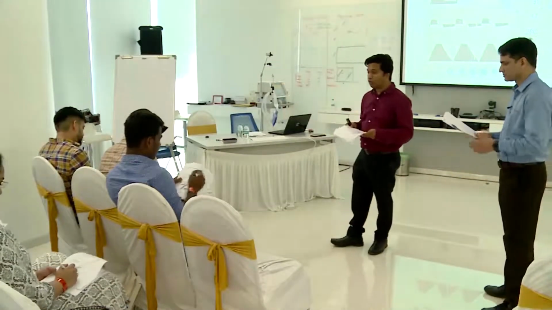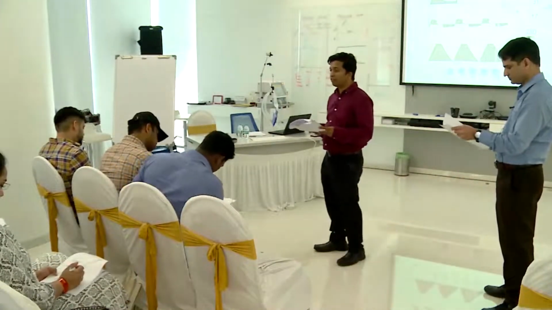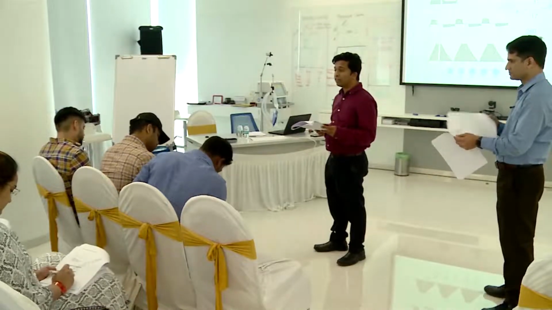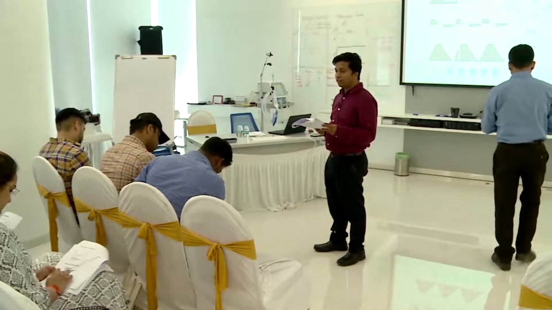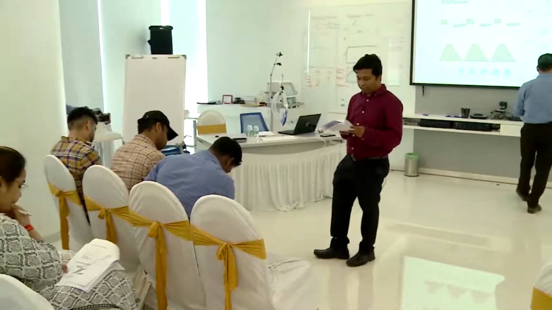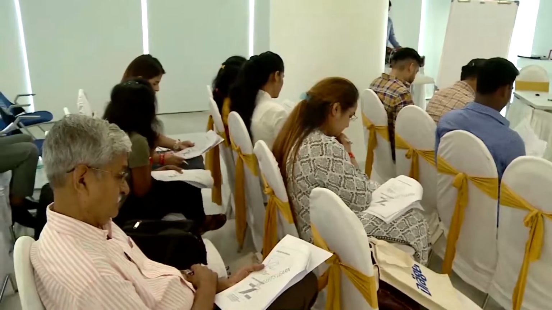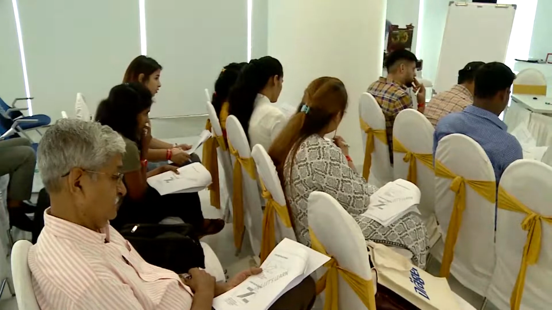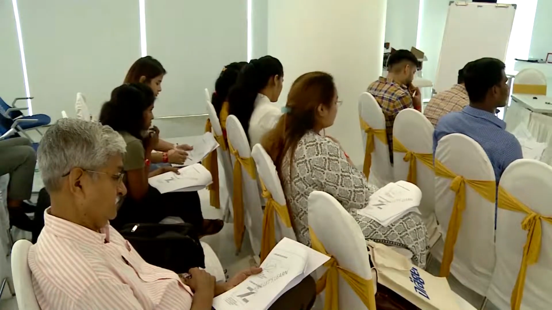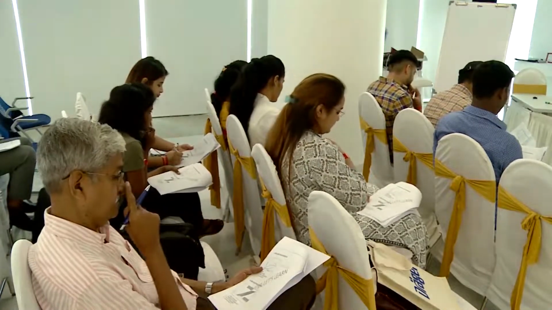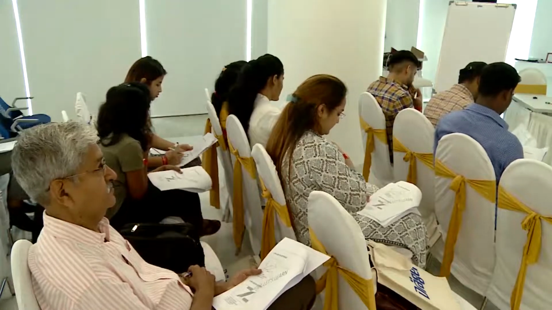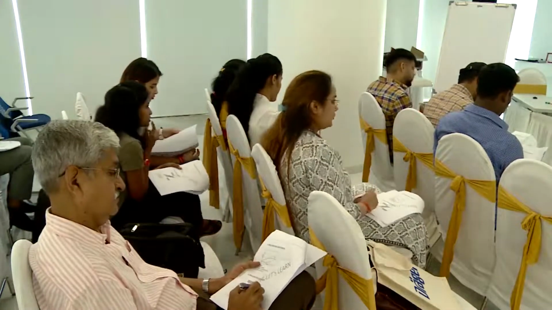What is the next graph? Say loudly. Identify the next graph. What is the graph? Is it a loop or a scalar? Loop. So which loop is it? Pressure and volume loop.